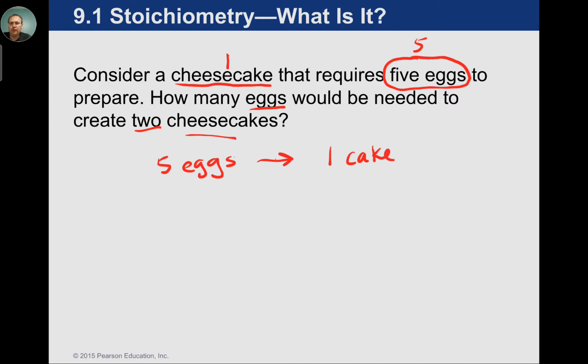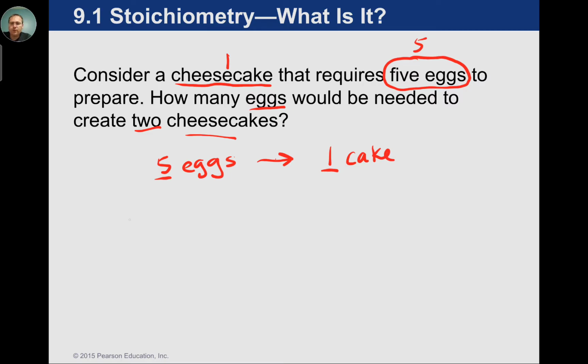And now it starts to look like a balanced chemical equation where we have these numbers out front. So chemical reactions are really just recipes. They're just with fancier ingredients than sugar and vegetable oil and so forth. So if we know the ratio of reactants to products or ingredients to cake, we can calculate how much, and that's what stoichiometry really is.